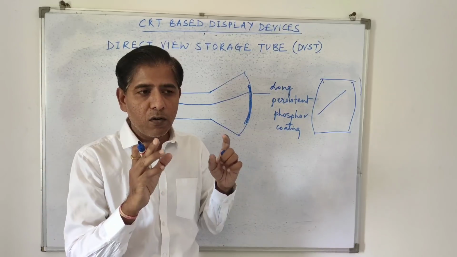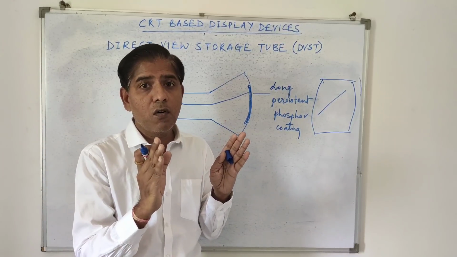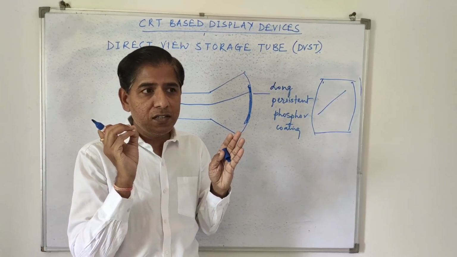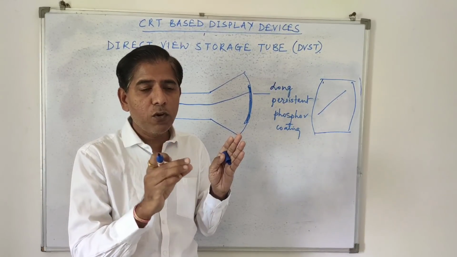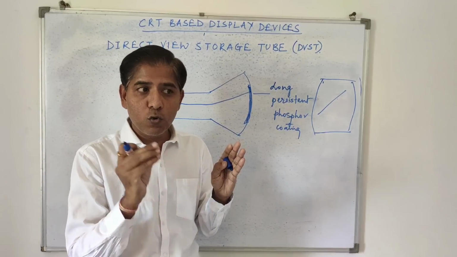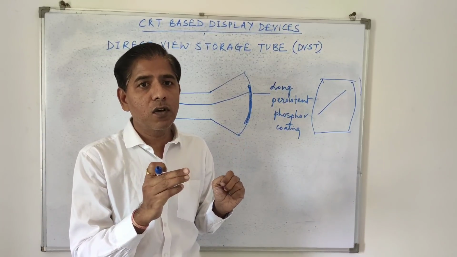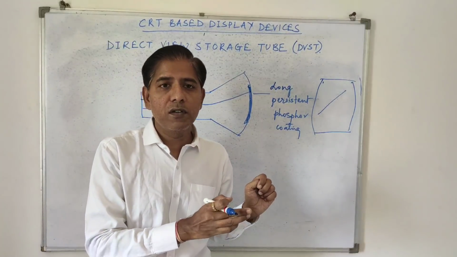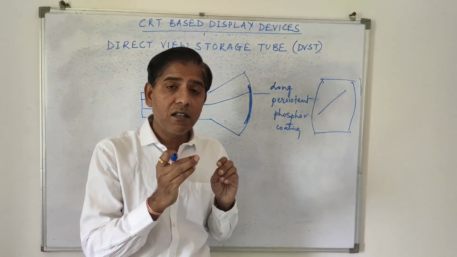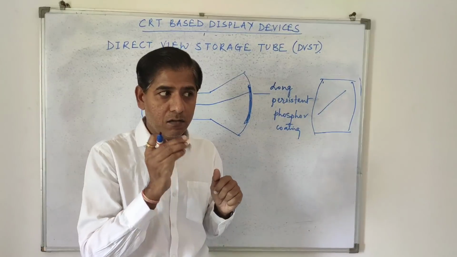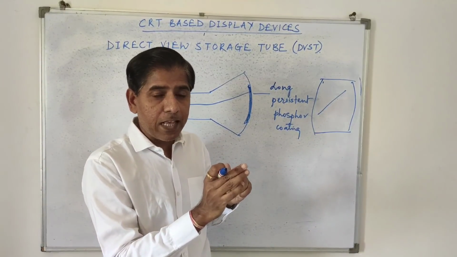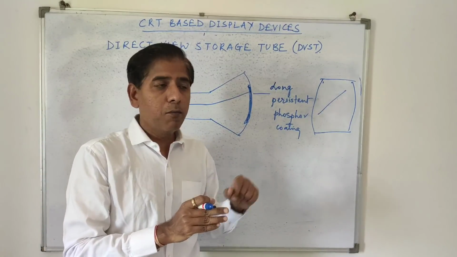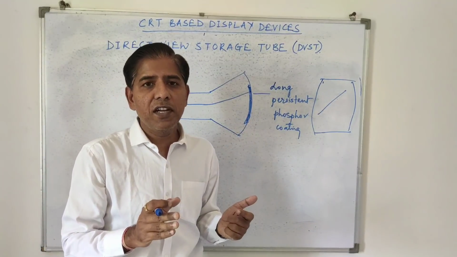Okay, you cannot see this on your TV monitor, but the picture is coming and going. So that is flickering. Nowadays monitors have this flickering phenomenon. But this DVST is a flicker-free device.